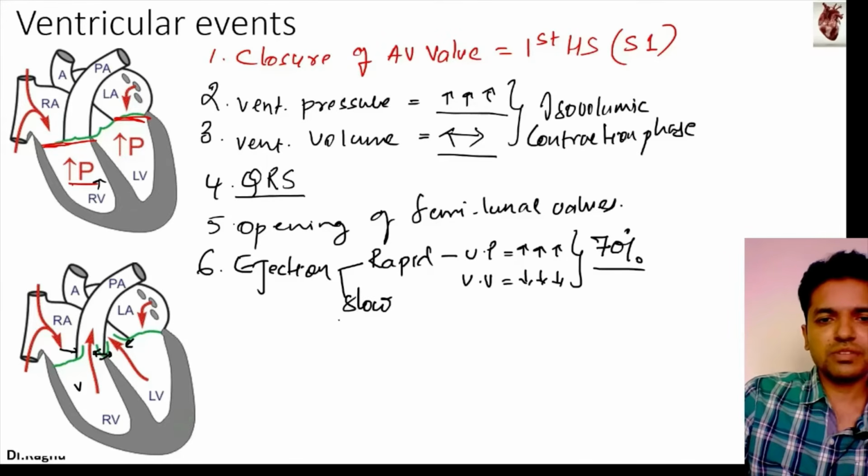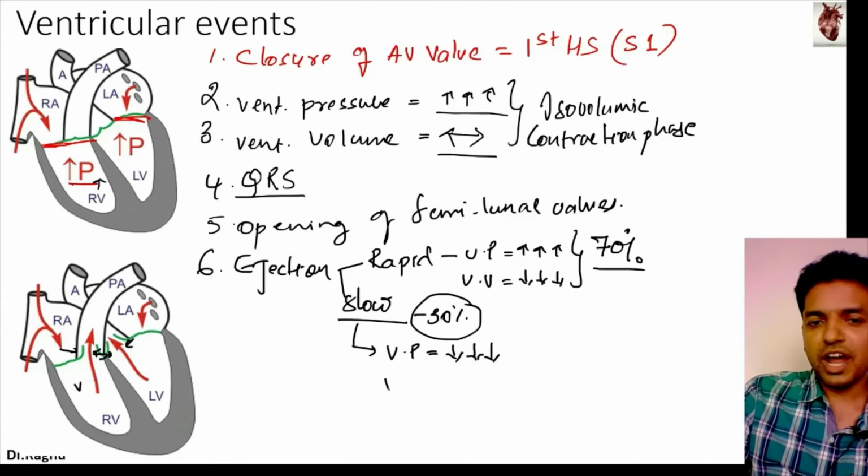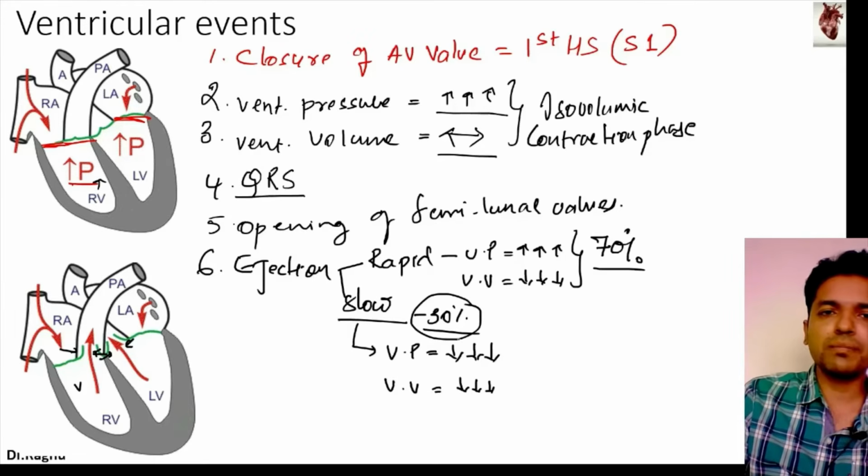And then there comes a slow ejection phase wherein the remaining 30% of the blood from the ventricles is ejected out. During the slow ejection phase, remember this point, the ventricular pressure begins to fall. And the ventricular volume is also decreasing because 30% of the blood from the ventricles is now pumped into the big vessels.